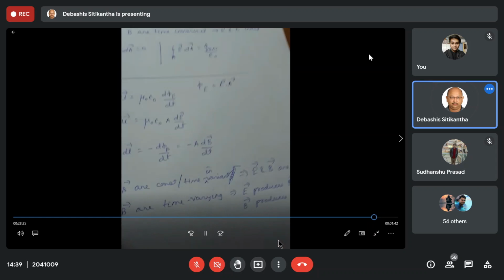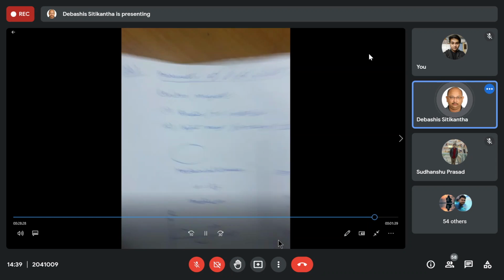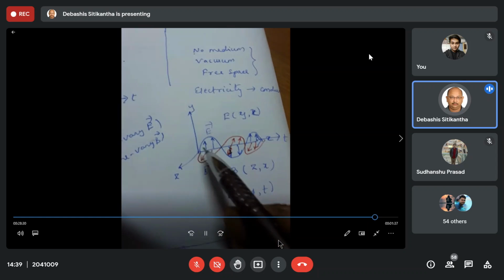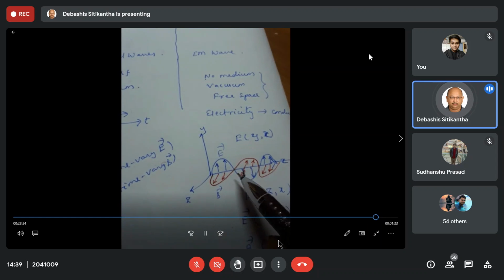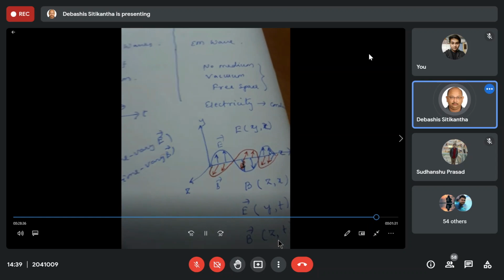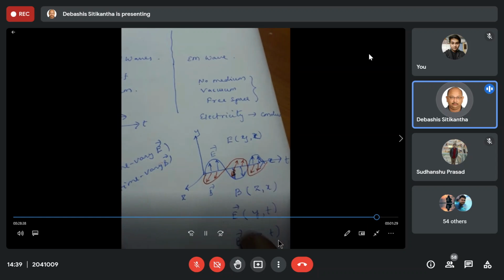So, as I told you beforehand, whenever there is a simultaneous existence of both electric field and magnetic field, it leads to electromagnetic waves.